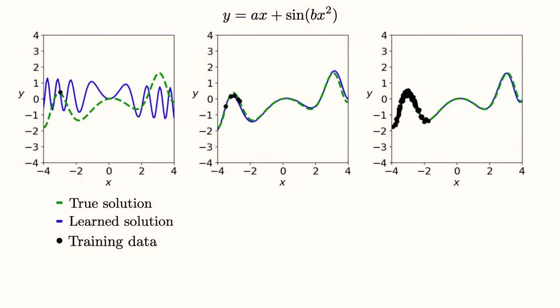So what if instead we had a really strong prior over what the model was supposed to be? In this case, y equals ax plus sine bx squared, right? That's very specific. It turns out that is exactly the correct model for this function. If you only have a single data point, that really good model is sort of insufficient, right?